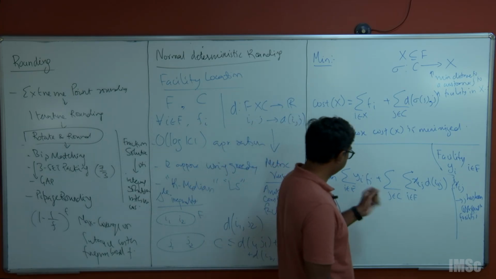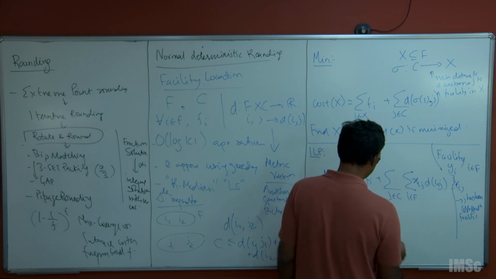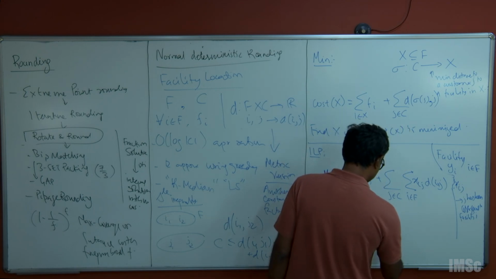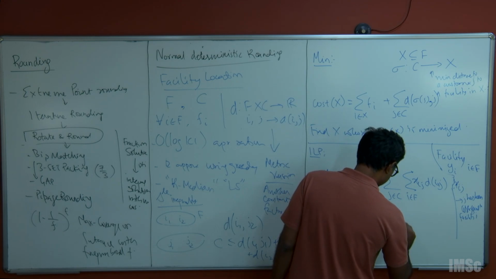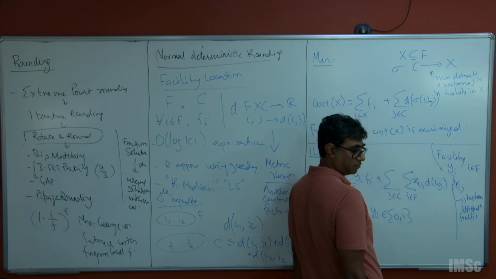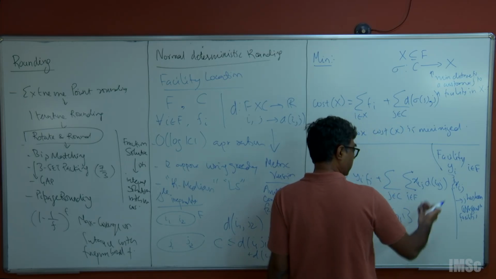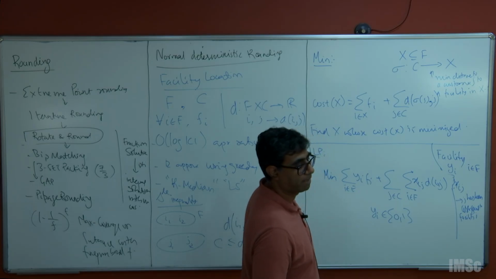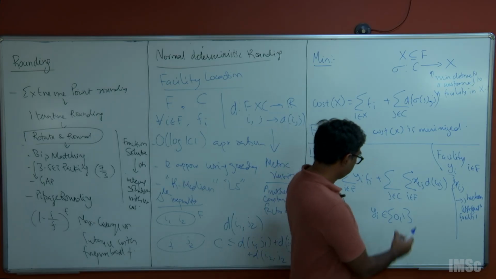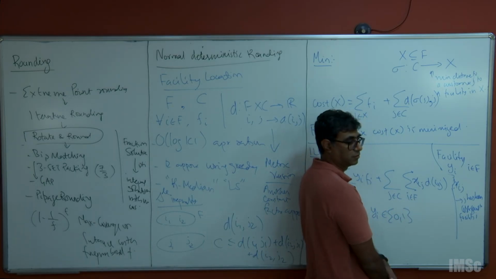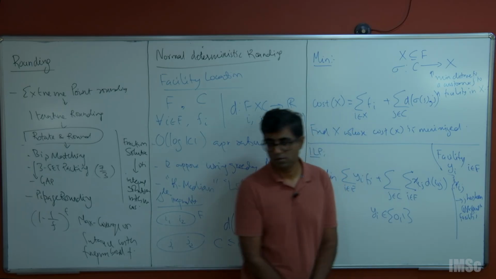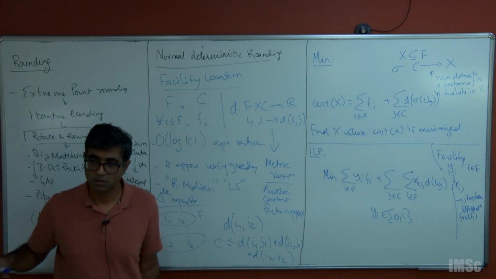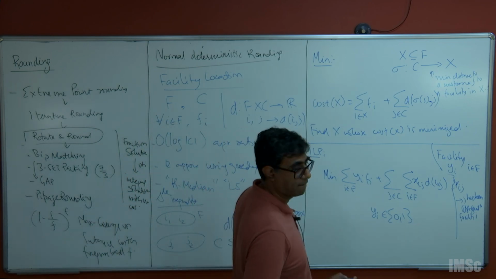Then what are the constraints on the y_i's? The y_i's are elements of {0, 1} because they are integral. And for every j in C, you want to assign something. Every client we want one x_ij to be one.